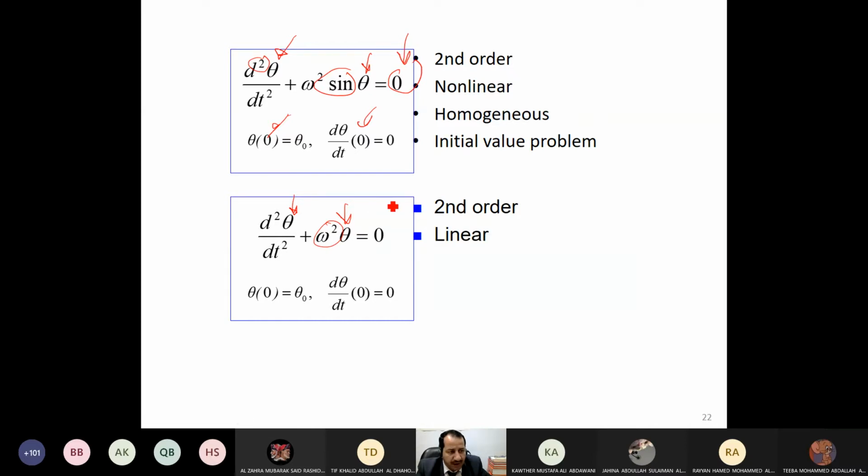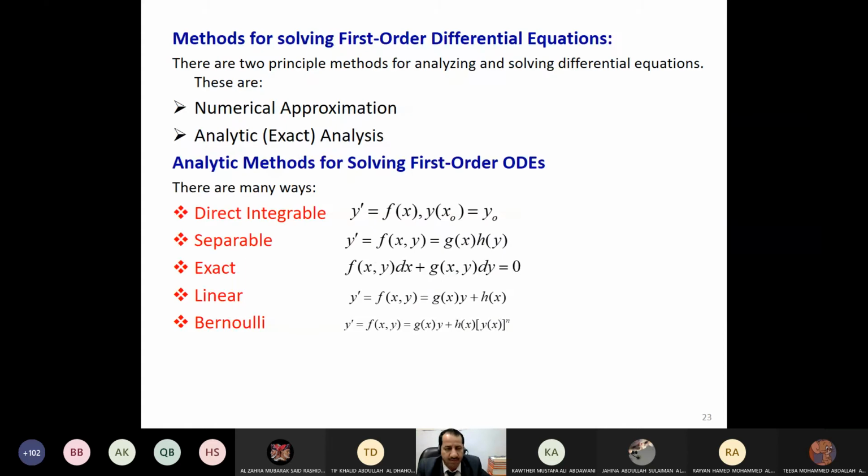Now, if 0 to the right, is this homogeneous or non-homogeneous? What do you think? Homogeneous. Excellent. And he told me that there are initial conditions for theta and d theta, so I will say this is an initial value problem.